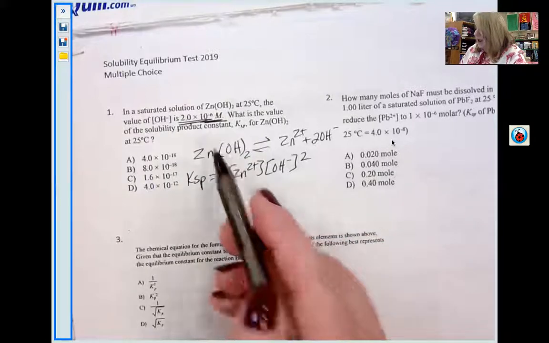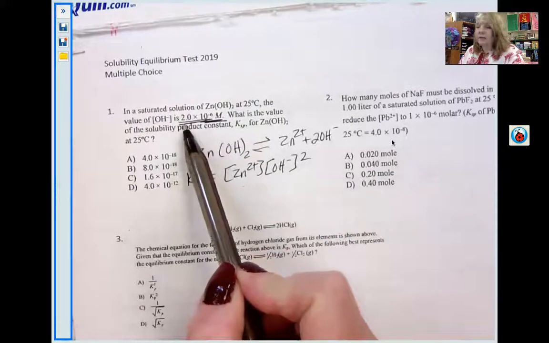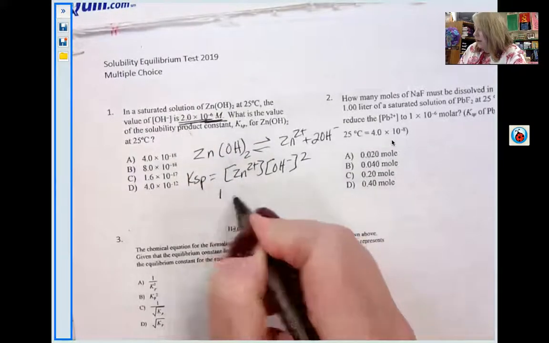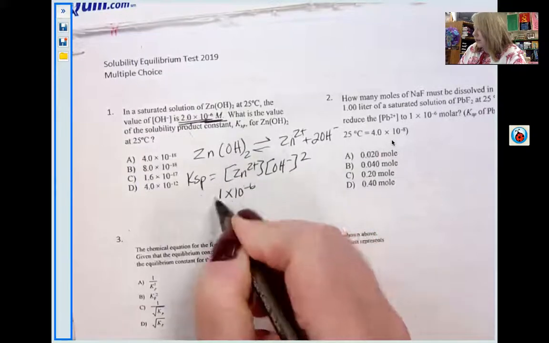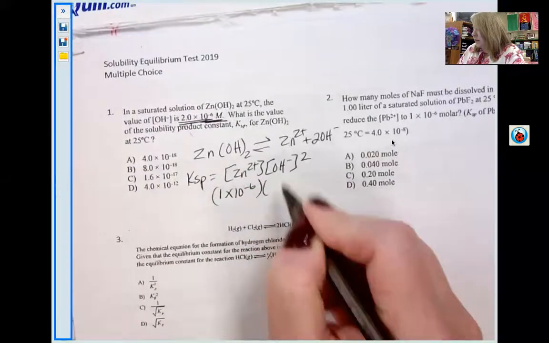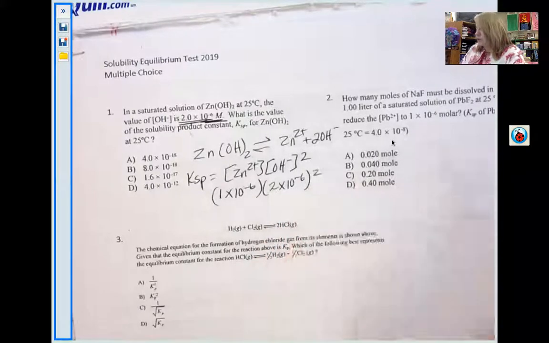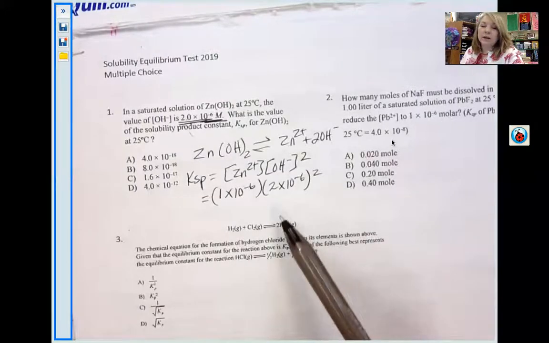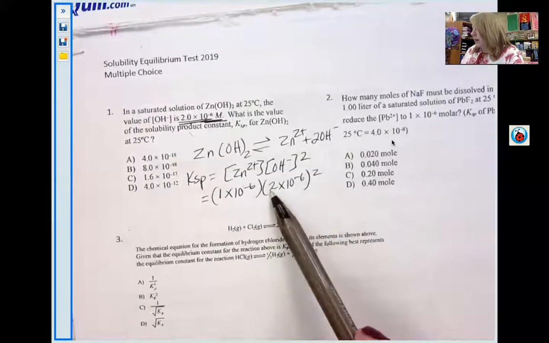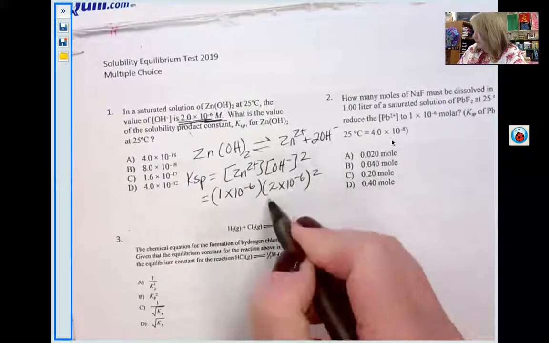So if I half 2 times 10 to the negative 6, that would be 1 times 10 to the negative 6. And then in this spot, I'm going to plug in 2 times 10 to the negative 6. You can't forget to square that. Okay, so now I can do the math without a calculator on this one. If I square 2, that's 4.